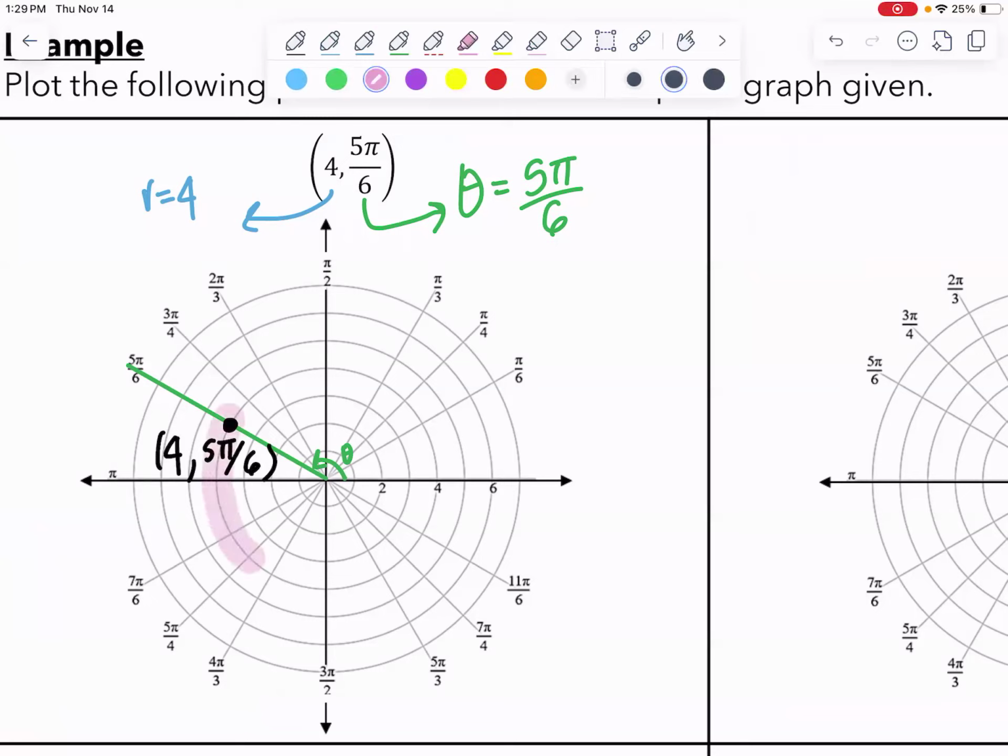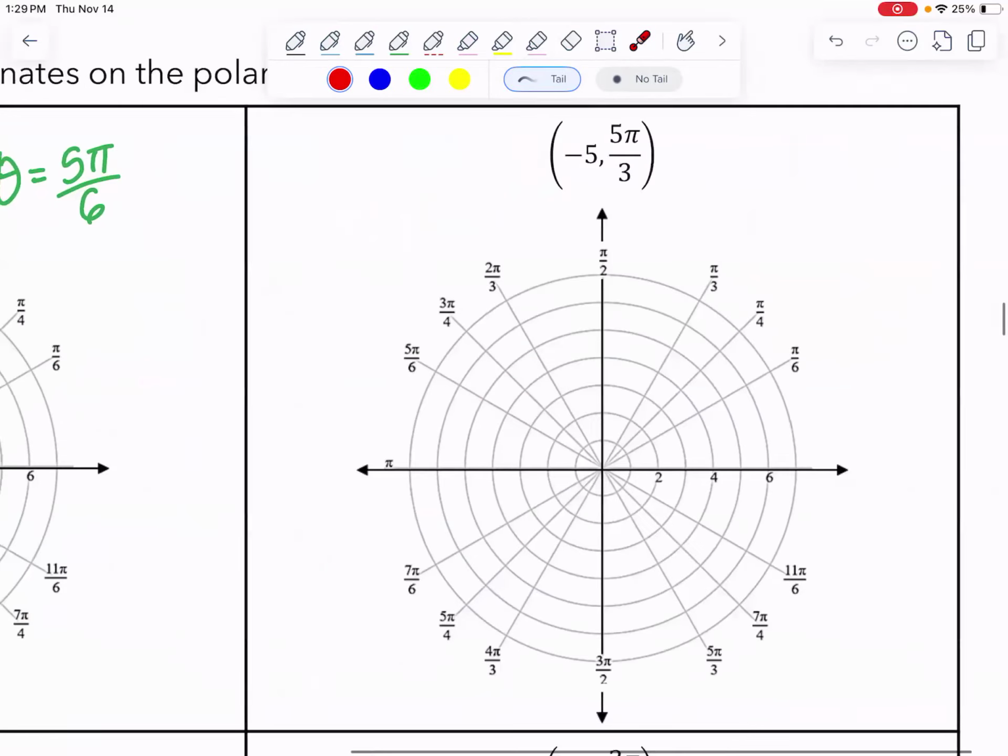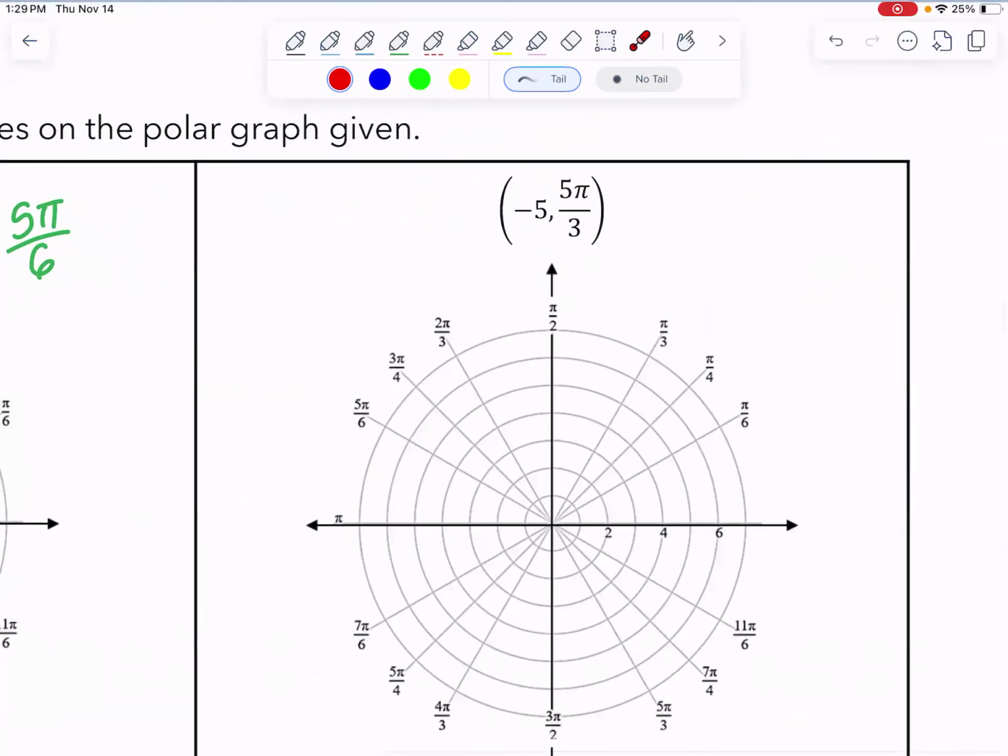Again, like I said, sometimes it can help to draw that. If you're using Notability, it's really easy to do this. Sometimes it can help to highlight where that 4 is to make sure you've actually gone out 4 units. All right. So then let's see, negative 5 comma 5 pi over 3.